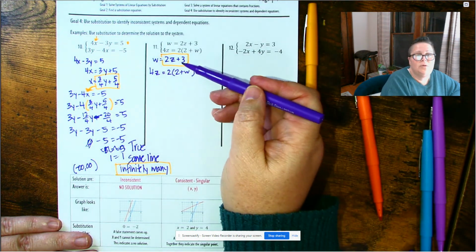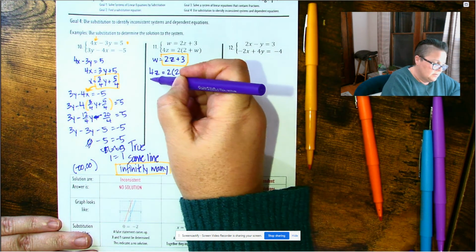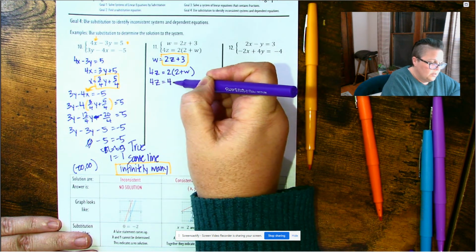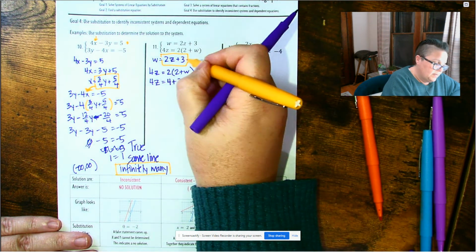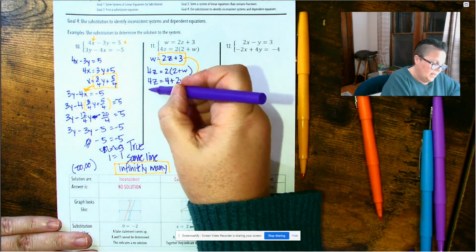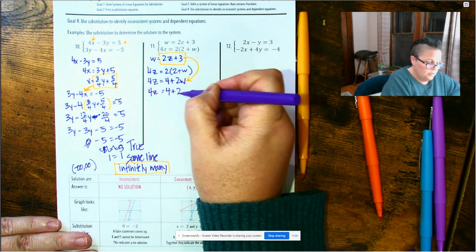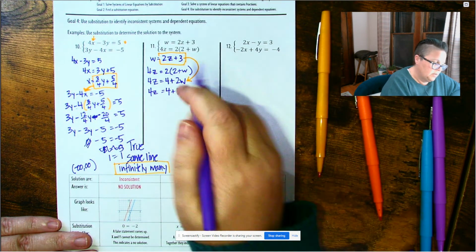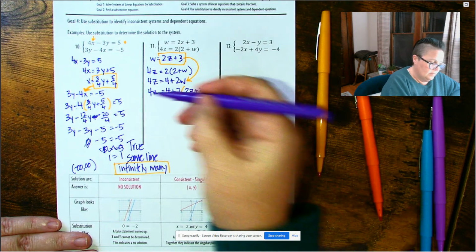Again, I can put this in for that W, but this is a bit of a mess, just like with the fractions. So I'm going to clean it up first. 4 plus 2W's. And now I'm going to put this in for that. So I have 4z is equal to 4 plus 2. Everything in that box is going in for the W: 2z plus 3.